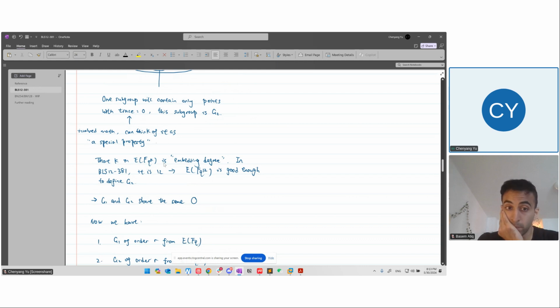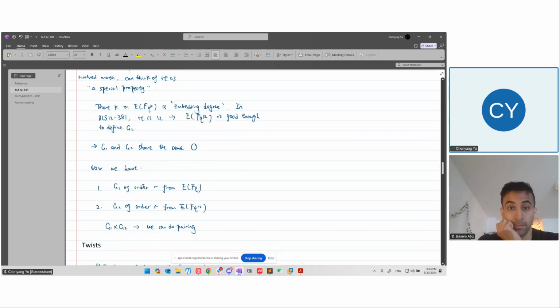So the K in E(FQK) is called the embedding degree. You're going to see this word a lot in literature. You can prove that E of FQ12 is good enough to define G2. So this is the bare minimum for defining G2, so we stop here.